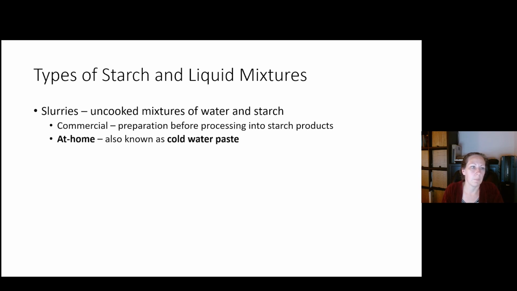Okay. Now at home, we use slurries for making starch mixtures when we're cooking. And I think we get to this part next week in the book, but this is also known as a cold water paste. So in the book, it's referring to what's really a slurry.